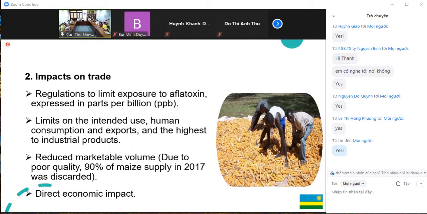This reduces marketable volume due to poor quality. By 2017, 90% of maize was discarded because of aflatoxin. The picture shows a great amount of maize that is being thrown away because it's contaminated.